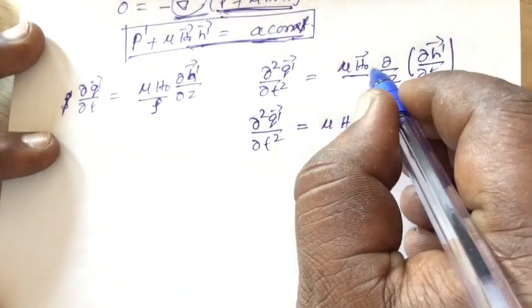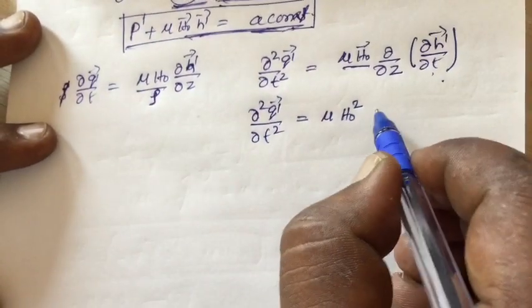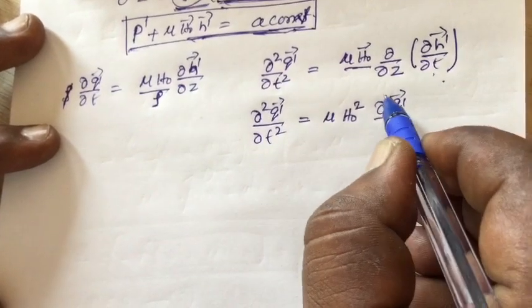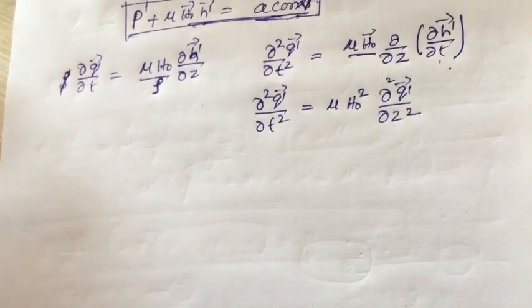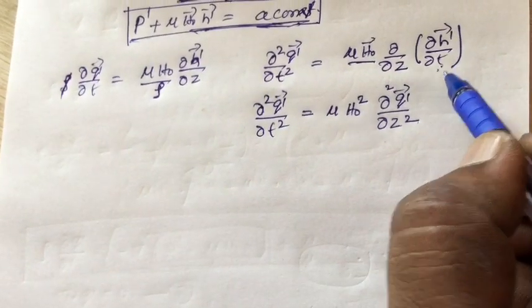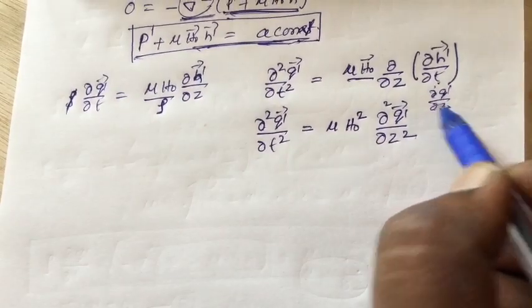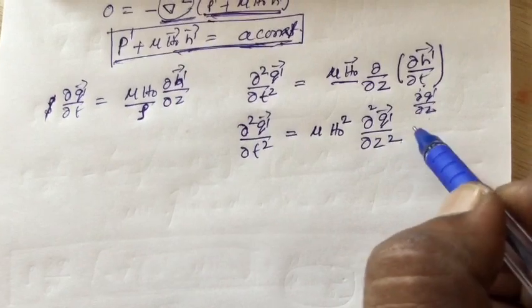That's why one H naught comes outside, that will become H naught square into del square q dash by del z square. Is it right? Because it becomes del q dash by del z, applying z, so you are going to get del square q dash by del z square.